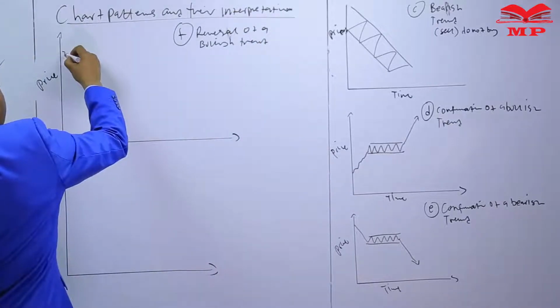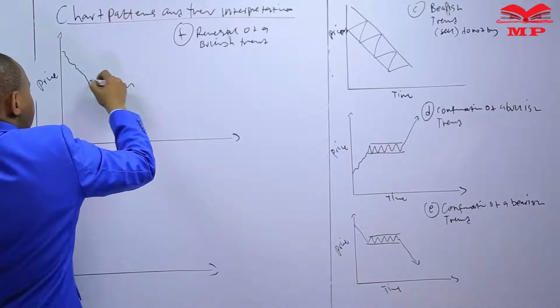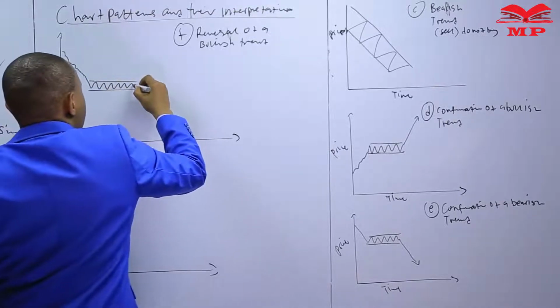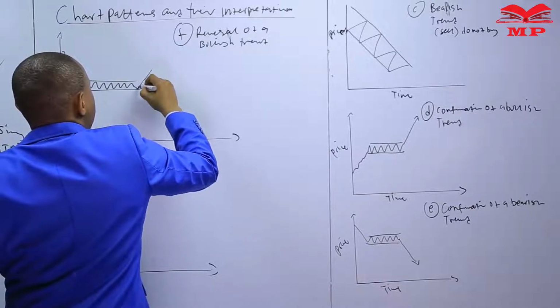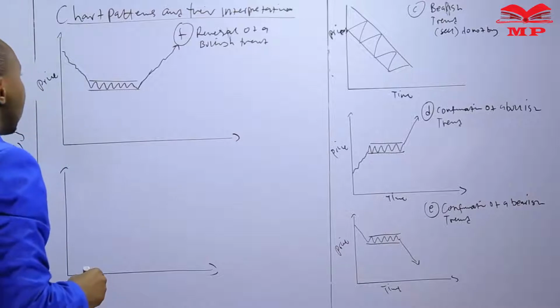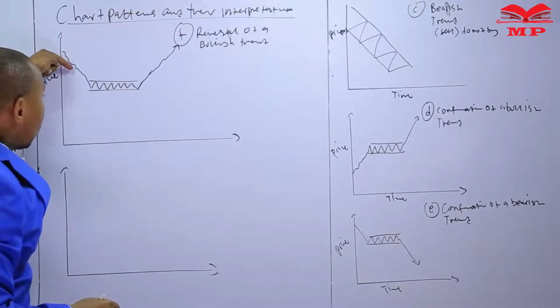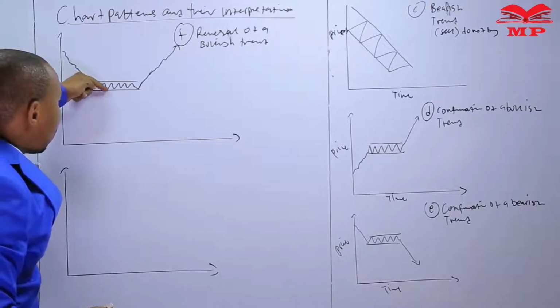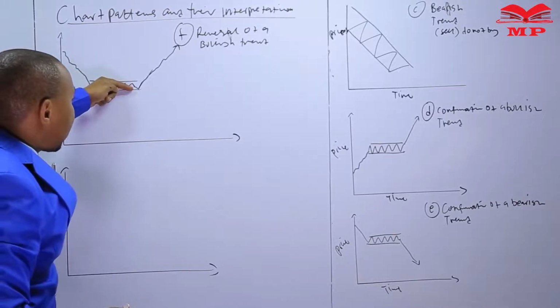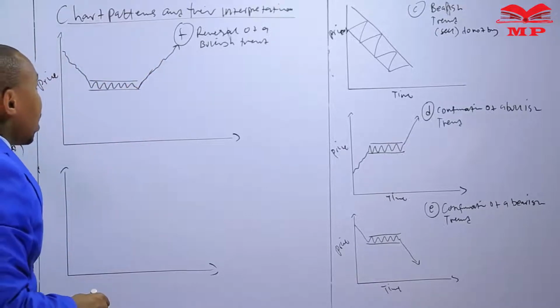So we have the security price moving down like that. We have no trend existing at that point, and then we find that the security price starts moving in that direction like that. So that is reversal of a bullish trend. It was moving down, then we had a no trend market right over here, and then it changed direction and started moving up like that.